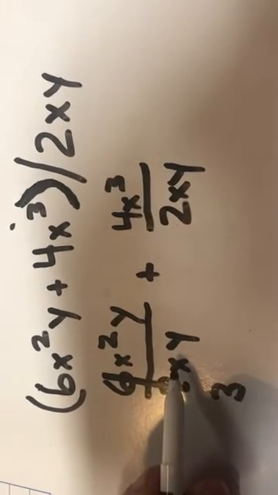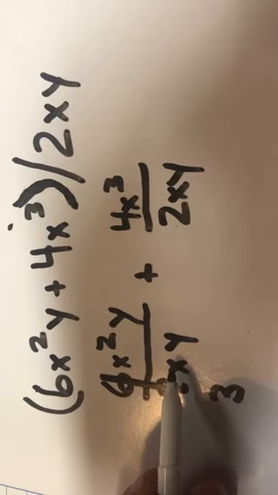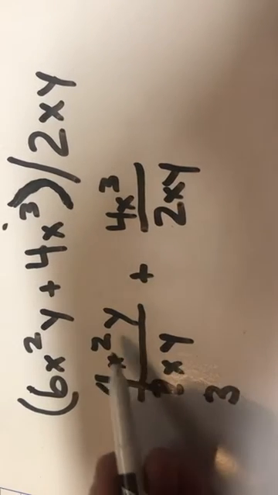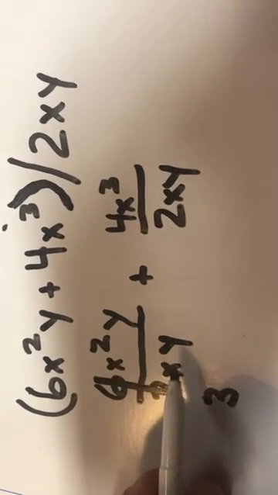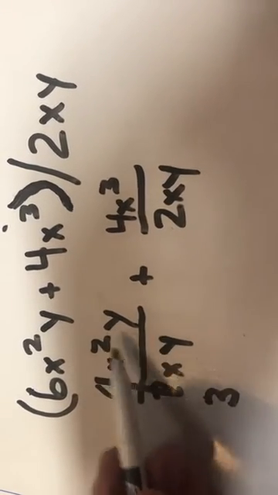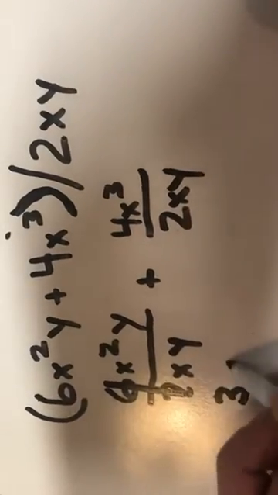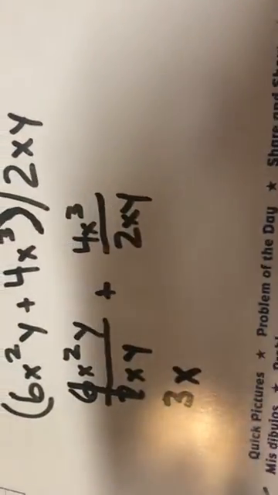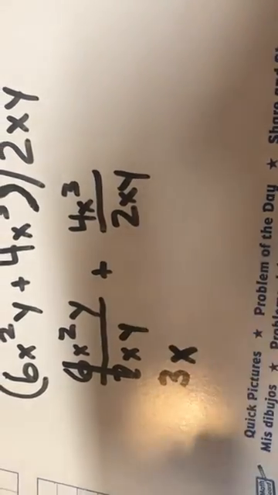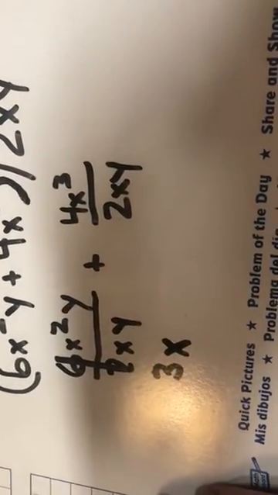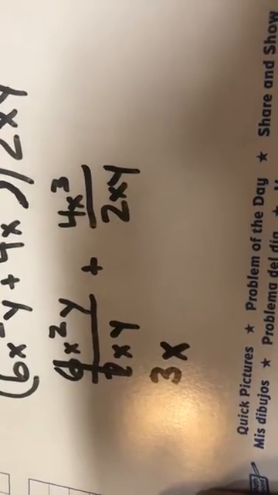With similar base numbers, the exponents can just be subtracted. X to the power of 2, x to the power of 1. 2 minus 1 is 1. So I'm just going to put x. When I do y divided by y, that just equals 1. Y divided by y is 1. That doesn't change anything. I just end up with 3x there.